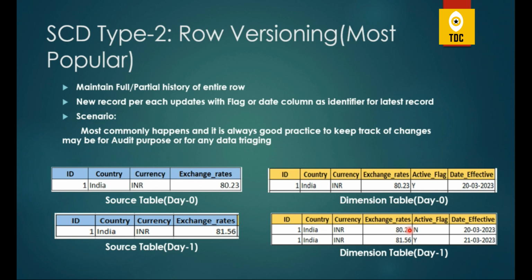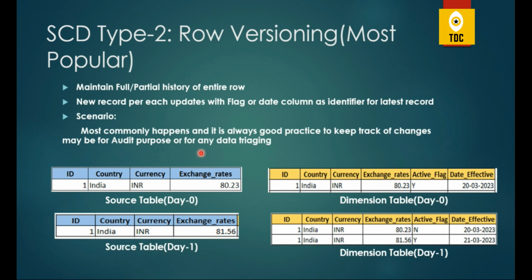However, when you're working with the data, only the latest, the active record, will be used for any calculation or transformation. But the entire history is also maintained in the dimension table.